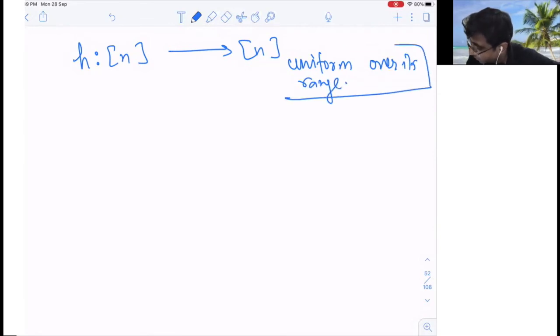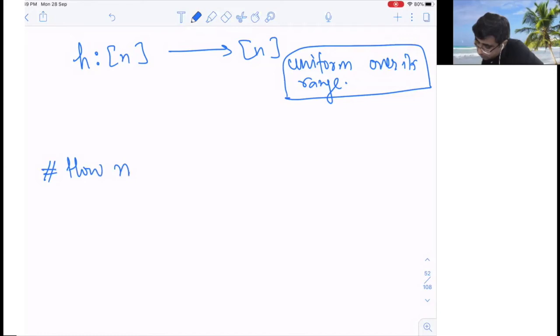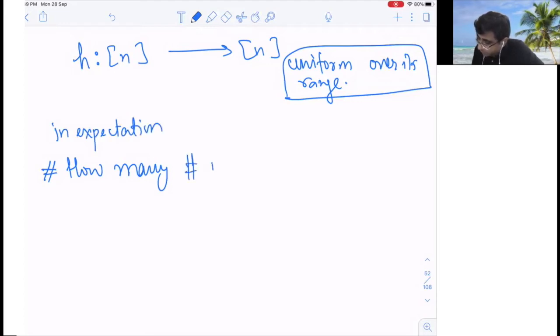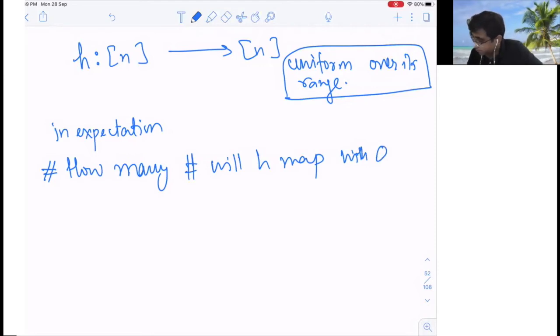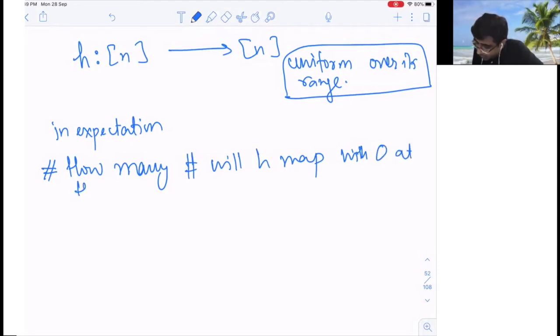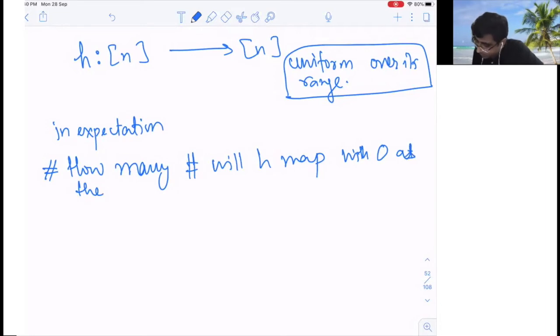If I ask you, everything in expectation, how many numbers will H map with 0 as the last bit?